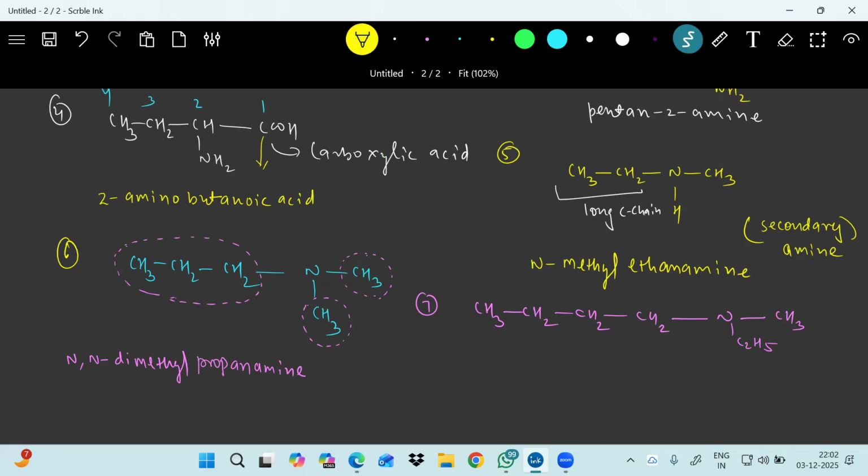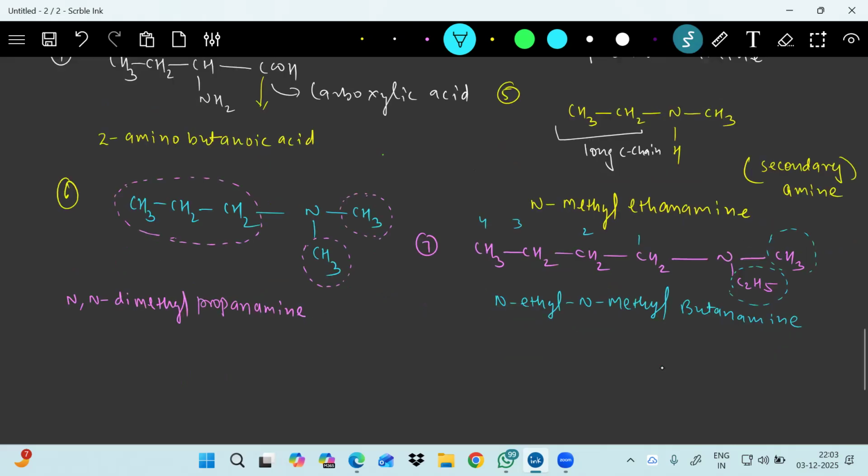Alphabetically you have to write ethyl first; ethyl comes before methyl, which starts with M. So you write N-ethyl, N-methyl, and the total is butanamine, with carbon numbers 1, 2, 3, 4. So it's N-ethyl-N-methylbutanamine. Any confusion? No, sir.